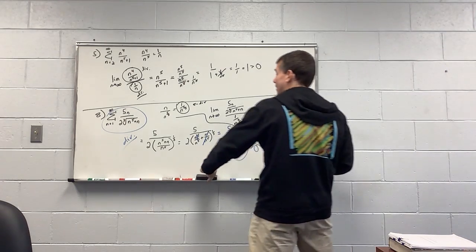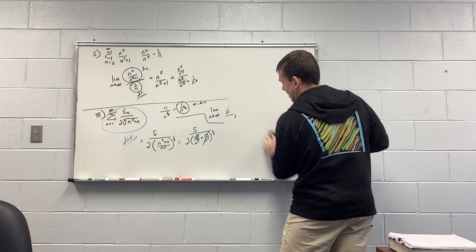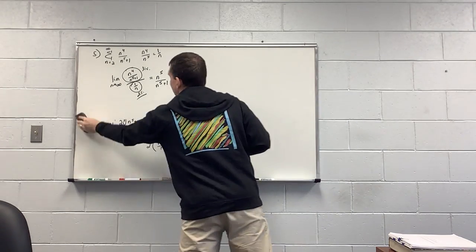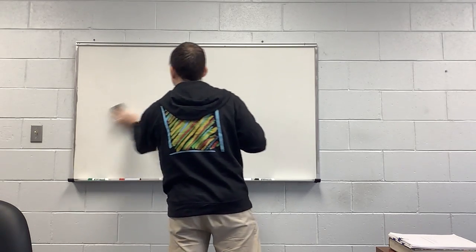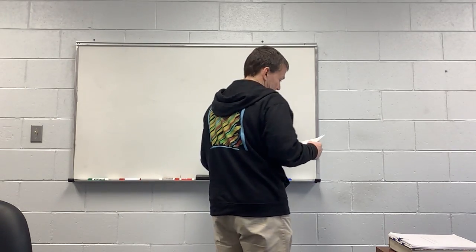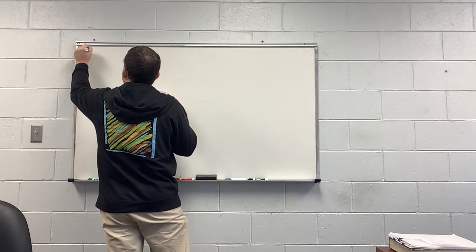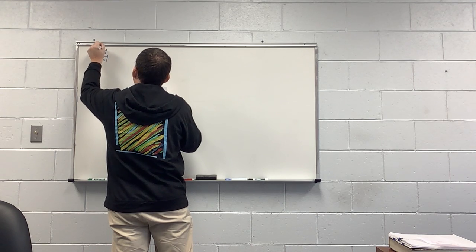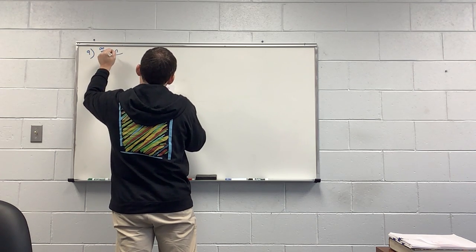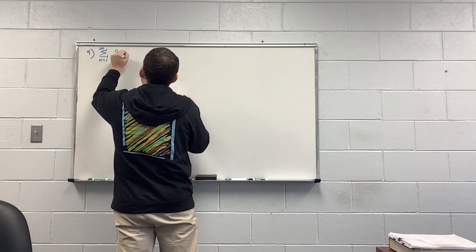And then one more. Let's see, the last one was number 9, which was the summation from 1 to infinity of n over n plus 1 to the 5 halves.